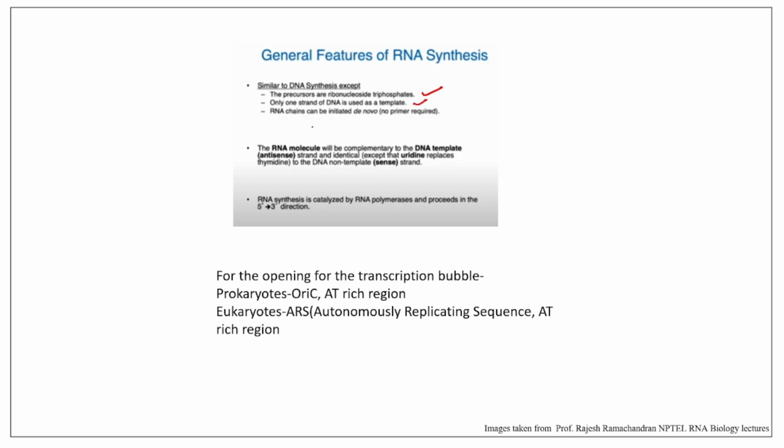Third point is RNA chains can be initiated de novo because RNA has catalytic functions, so it does not require a primer. Whereas in the case of DNA you need some kind of primer for the initiation of the reaction.